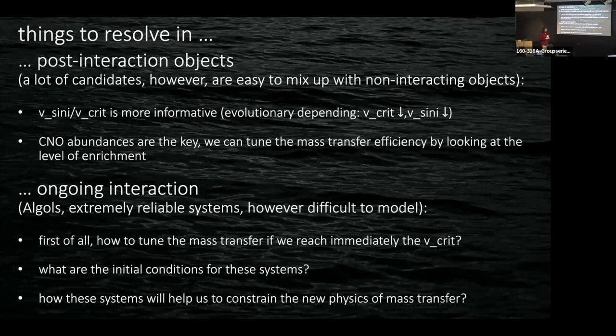And speaking about the first question, for sure I would like to exclude binary interaction, mass transfer and enrichment because of mass transfer in this sample.